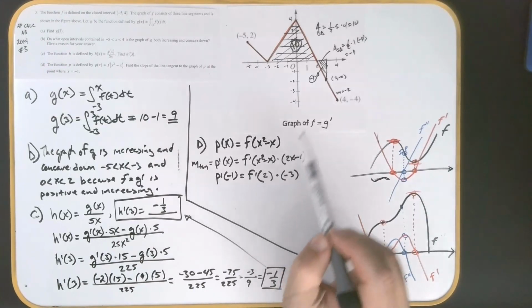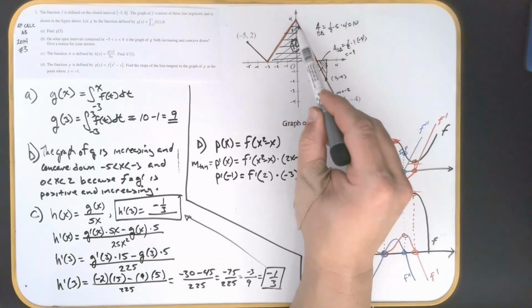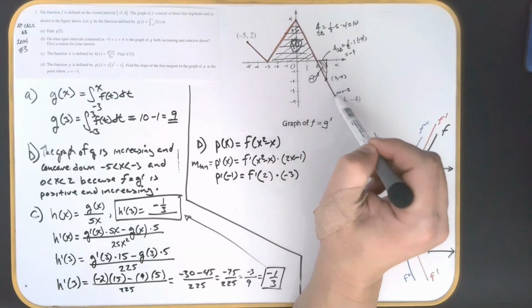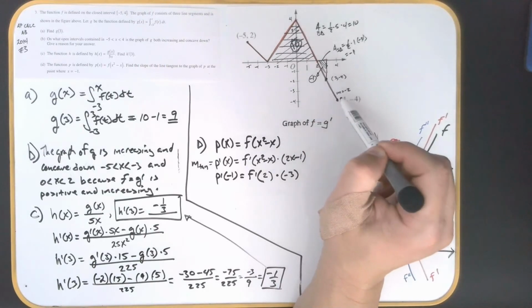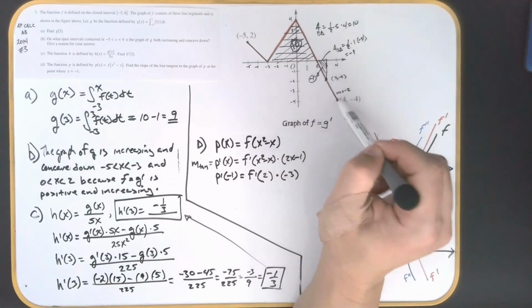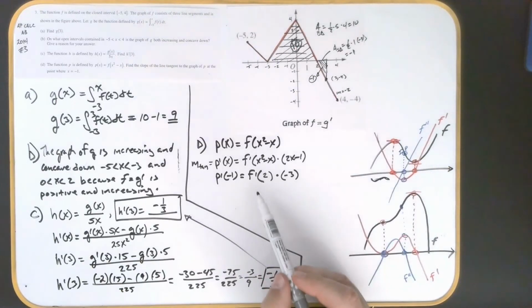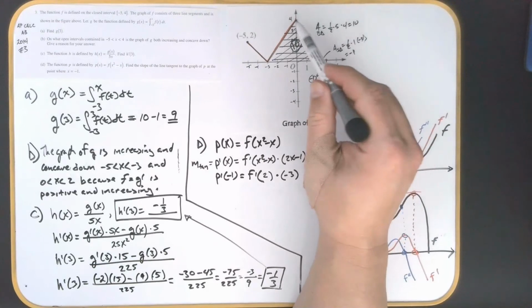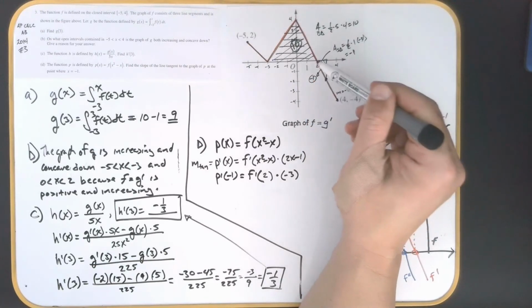So f prime at 2, if you'll notice this line right here, and they love to do this on these graphs. Remember, the slope of a tangent, if the function is linear, is just the slope of the line. Tangents to a linear function are the line itself. So the derivative of f, if f is linear, is just the slope of the line. Well, we had actually calculated this earlier.